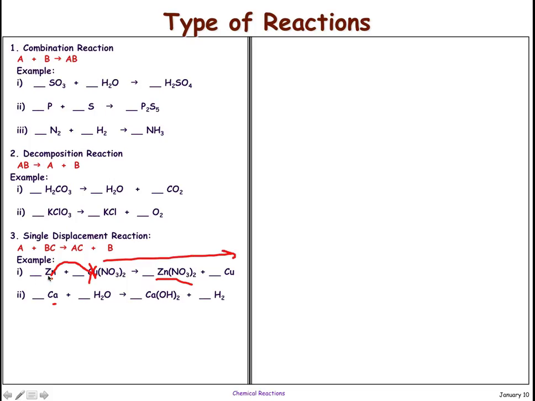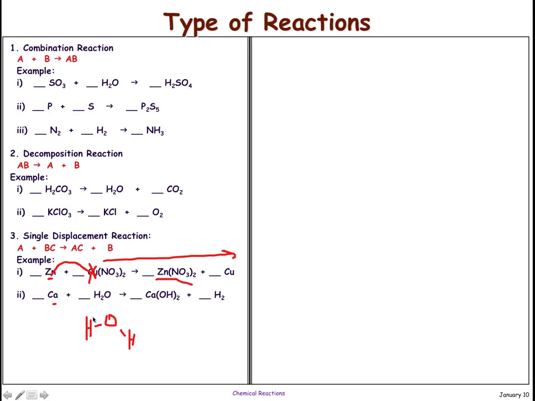So that's why it's called single displacement, because 1 element displaces another element in a compound. It's an ionic compound. Here is another example. You might not see the single displacement reaction when I have it written as H2O, but if you write water as this right here, you can see exactly what's going on.